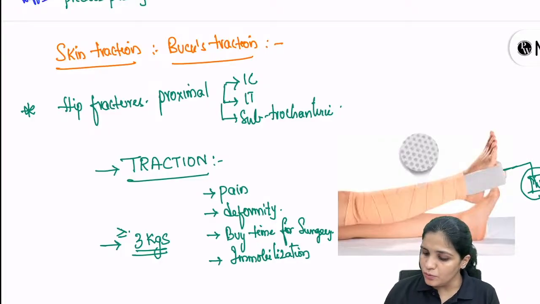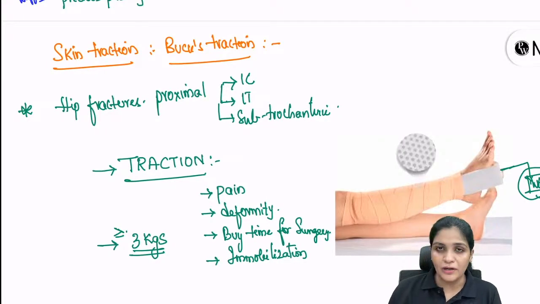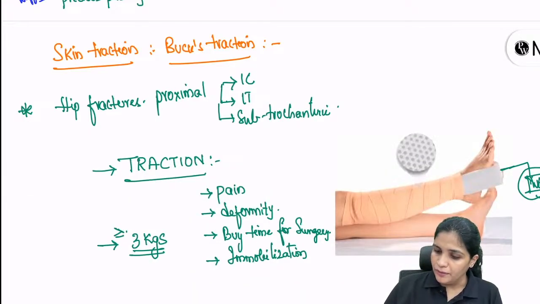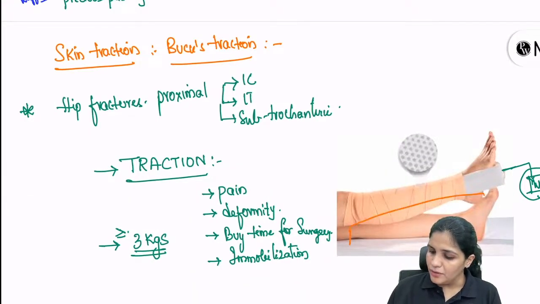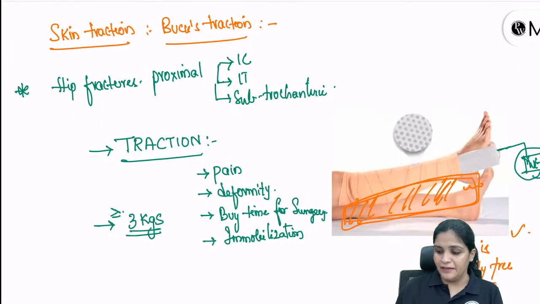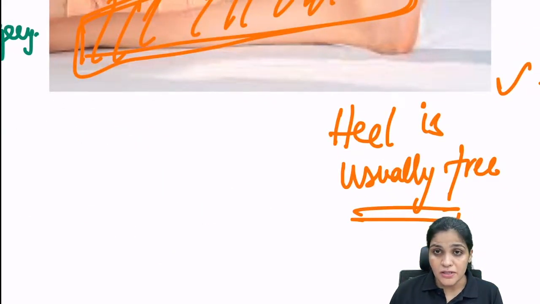And what you have to do, whatever traction you're putting, on this particular part you have to put a pillow. So a pillow is placed like this, but the heel part is usually free. You have to leave the heel free because there should not be any compression over the heel.